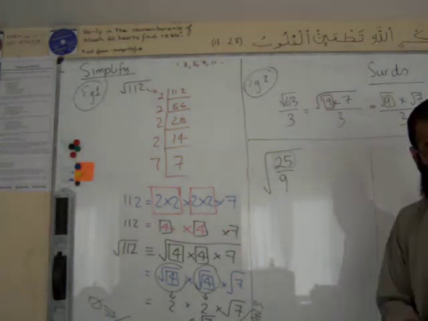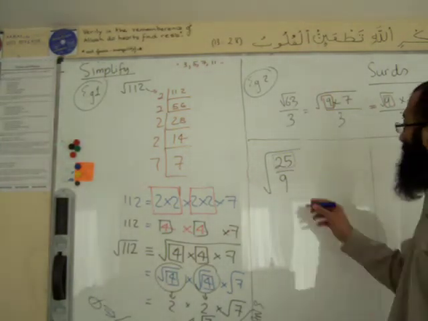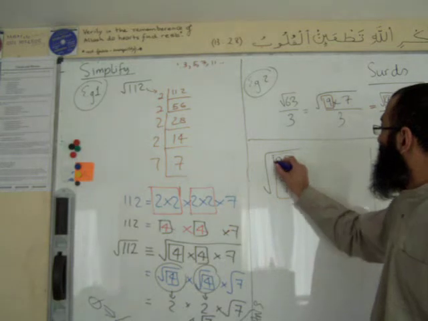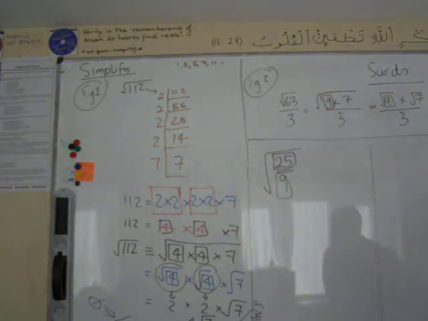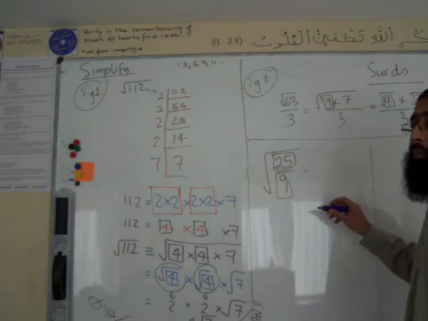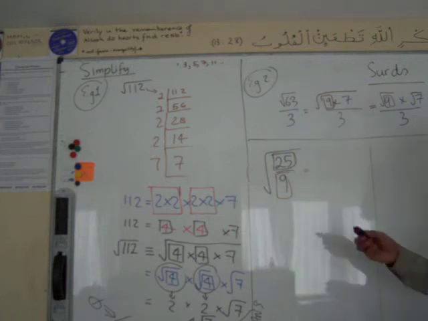And then we have the number 9. They're both square numbers. Now, what we said earlier, we can split this quotient into 2 separate sets.